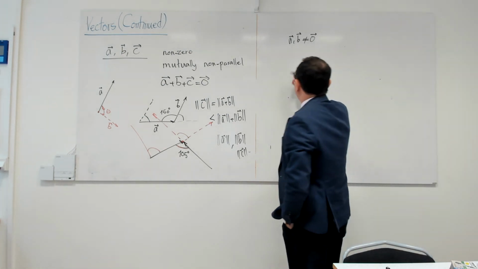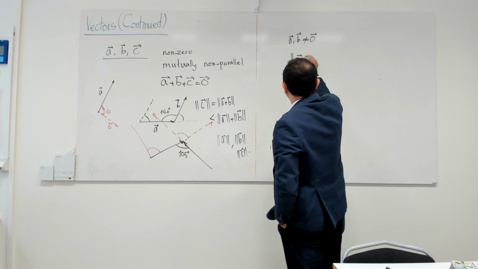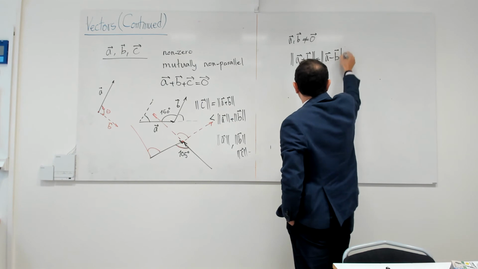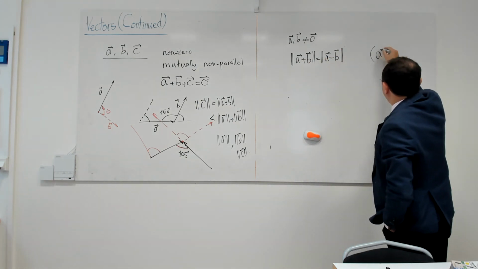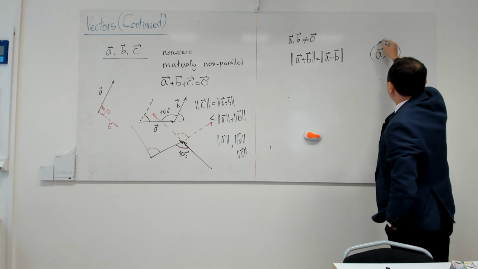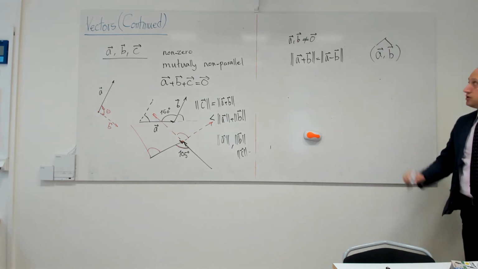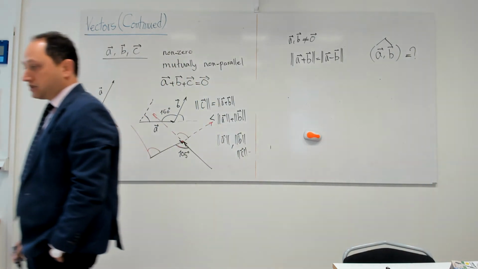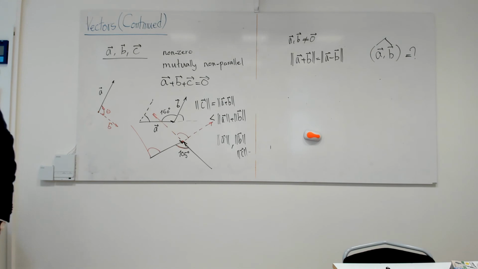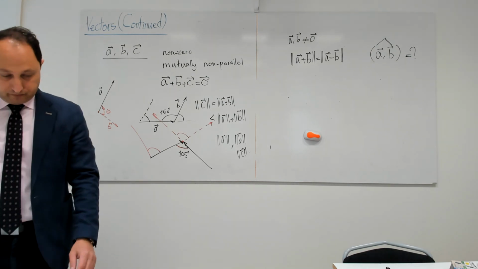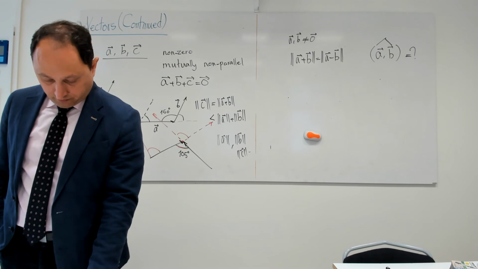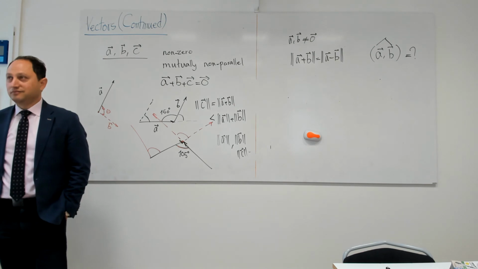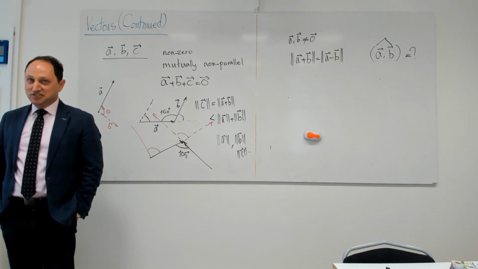And I know that the norm of A plus B is equal to the norm of A minus B. By the way, this symbol is sometimes used to denote the angle between two vectors. So my question is, what is the angle between these two vectors? And why, if you have an answer for that. Yes? It's 90.